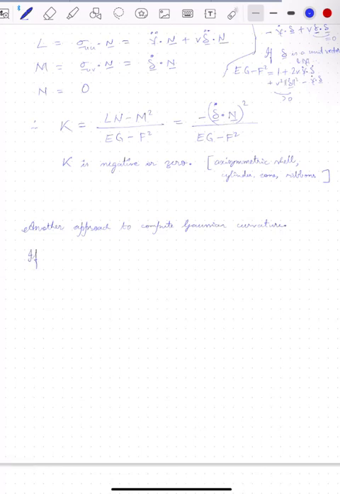The idea it borrows from is an analogy: if gamma vector is a unit speed plane curve, then its signed curvature kappa of s is equal to phi dot, and this phi dot is the angle between the tangent vector gamma dot and any fixed direction, any fixed axis, right? Any fixed vector.